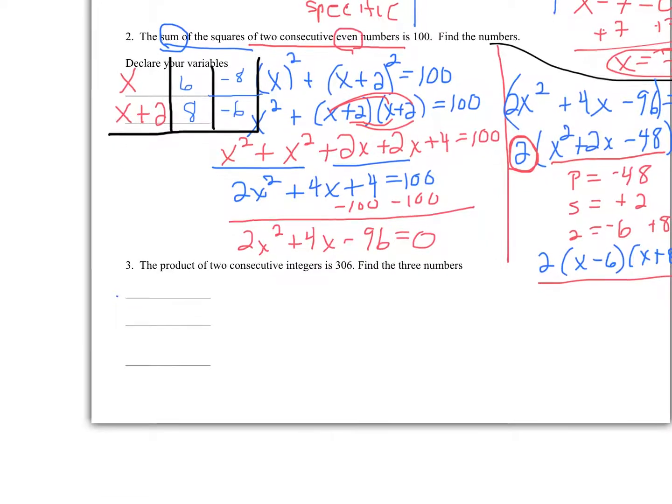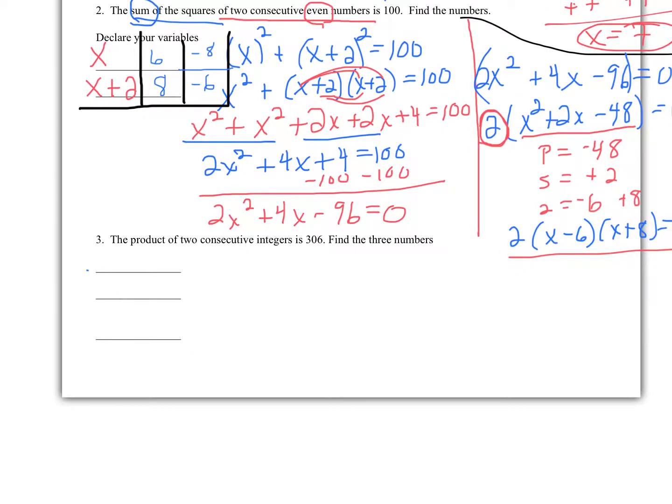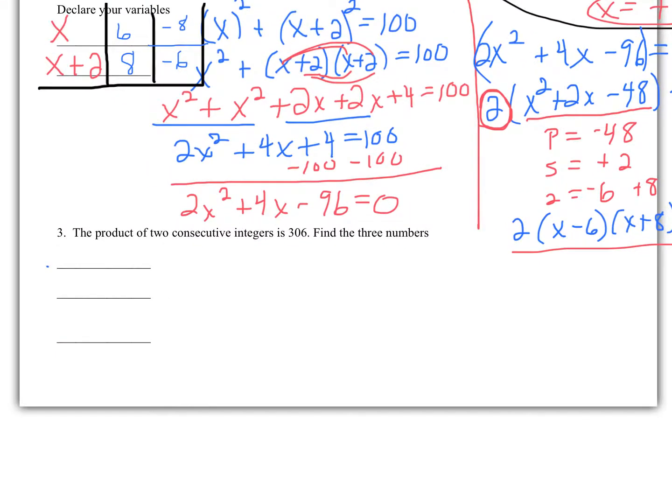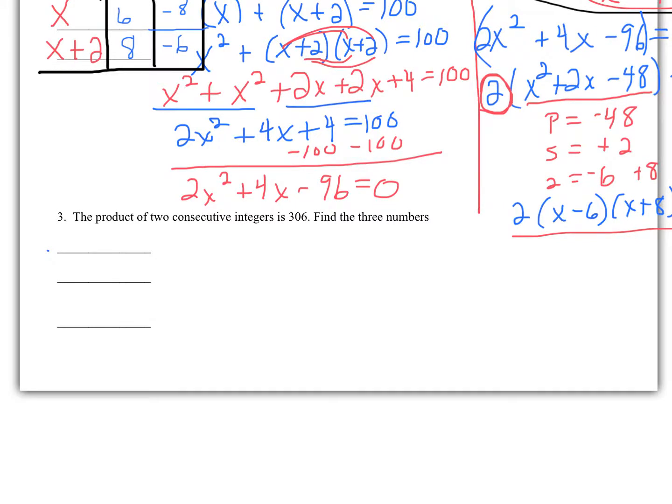Alright, I'm going to let you try number 3 on your own. Now again, you might have to jot this one down, because I don't think it's on your worksheet.